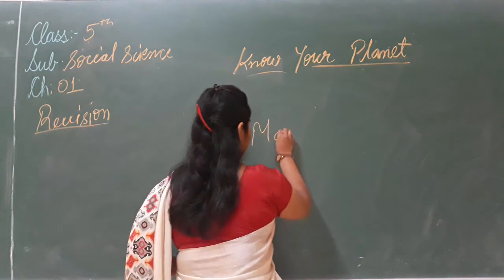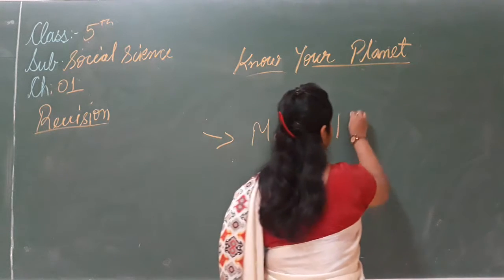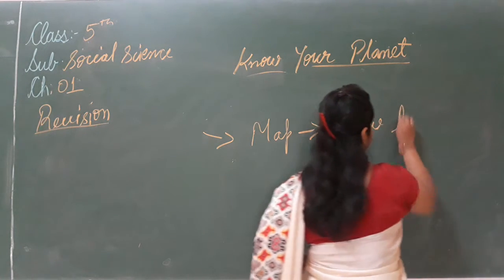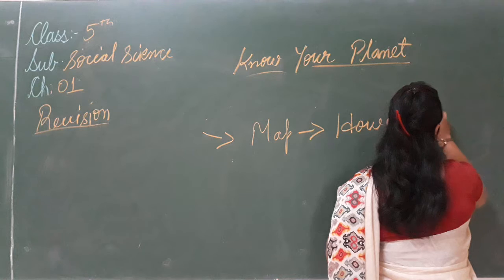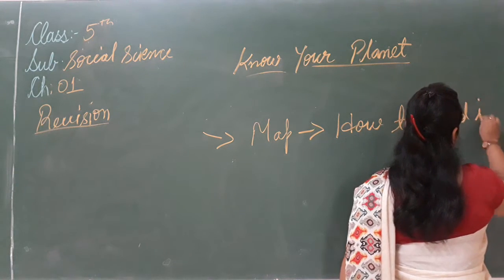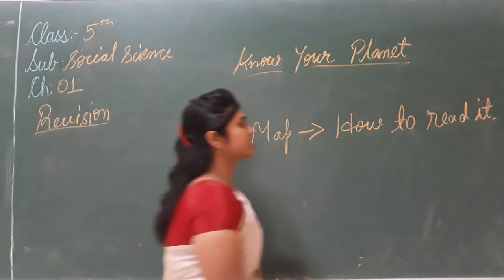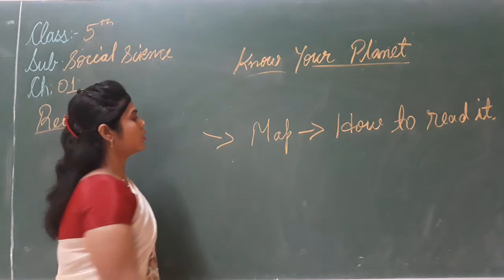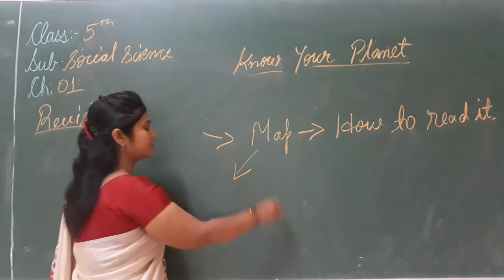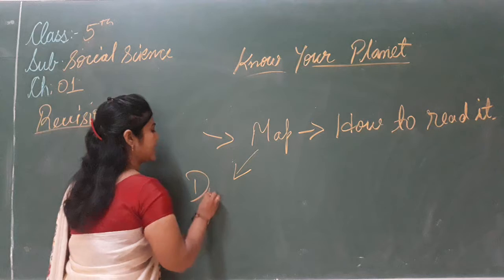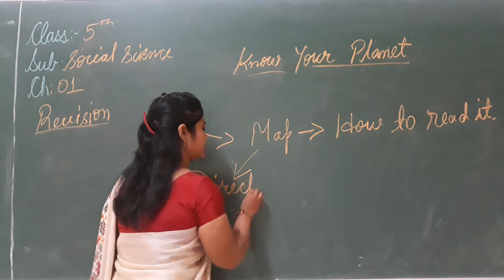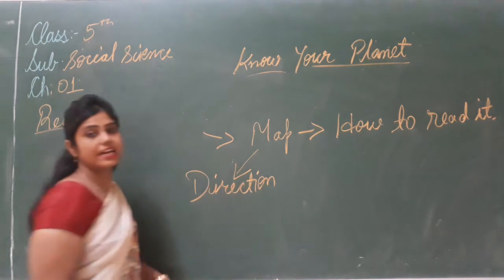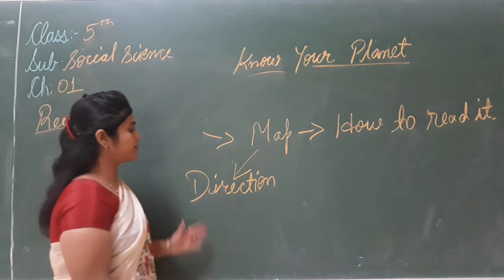First is the map, how to read it. There are some features in a map. The first feature is called the directions. As you know, there are four major types of direction.